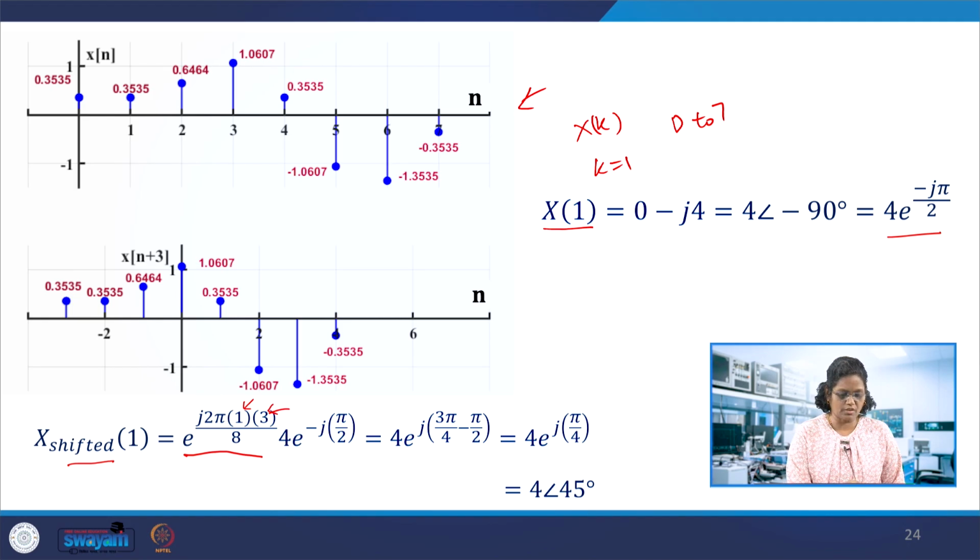Here it is given as 3 samples shifted in time. So, it is a positive left shift: 4 e power minus j pi by 2, which is the unshifted X of 1, times the shift factor. So, you get 4 e power j pi by 4, that is 4 angle 45, as the shifted spectrum for k equal to 1, and similarly k equal to 2, 3, 4 also can be found.